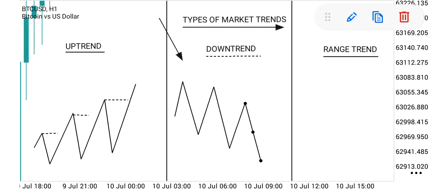Other things that give you an advantage, like your confluences and your risk to reward, are little things. The major thing is that you do your analysis and have confidence in your analysis.